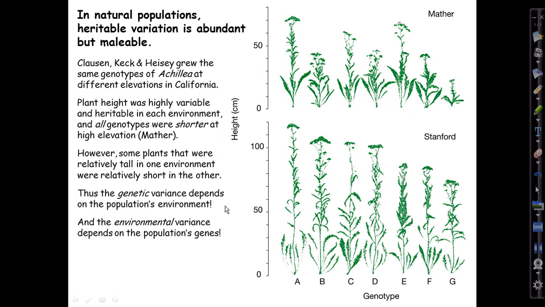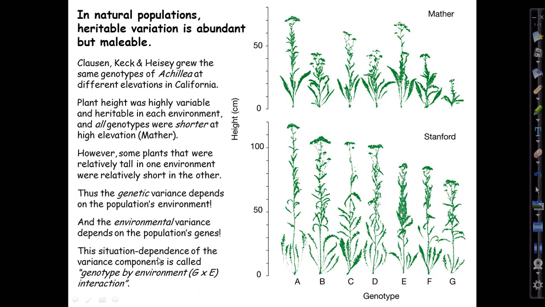Okay? So the environmental variance depended on the population's genes, and the genetic variance was different in each of the environments. Not only the identities of the taller and shorter ones, but just the amount of variance also depended on the environment.